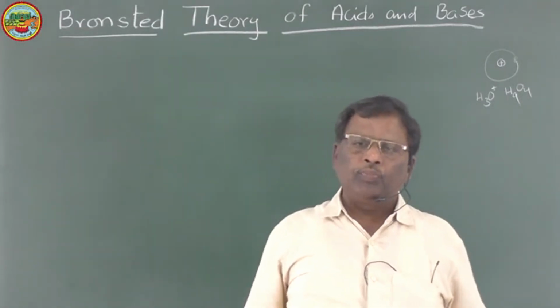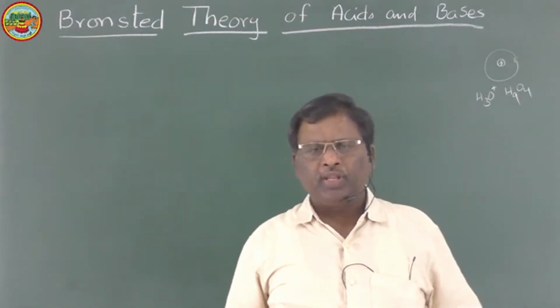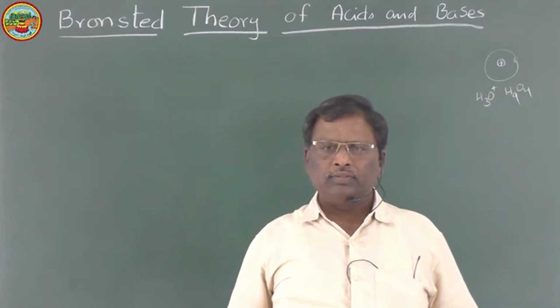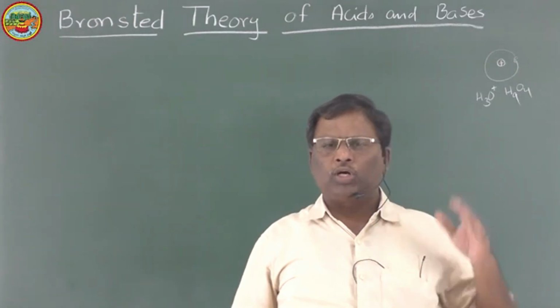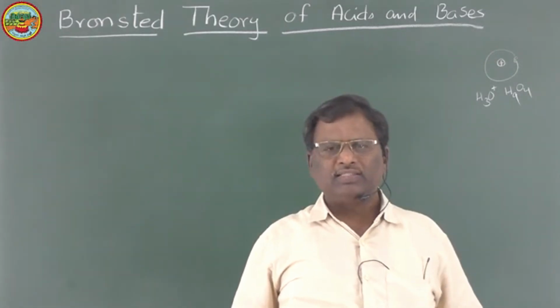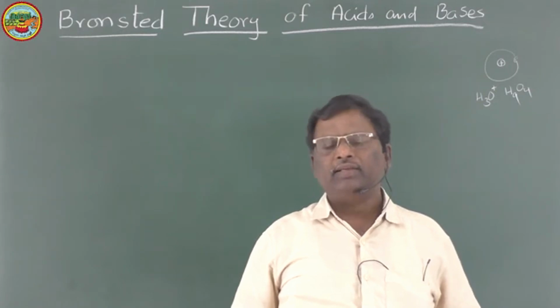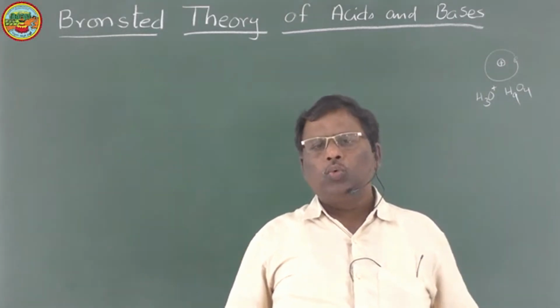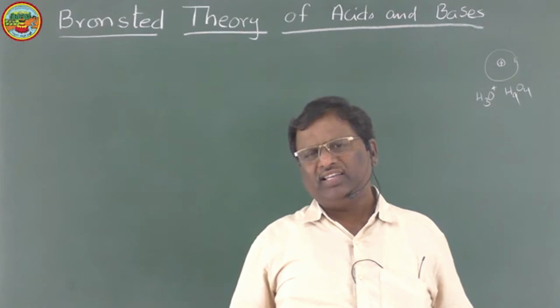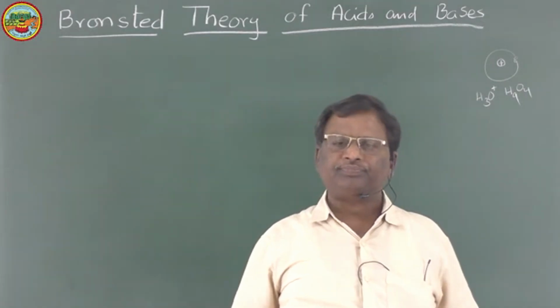Now, according to Bronsted, any species which can donate a proton to another species is known as an acid, and the species which can accept the proton is considered as a base.